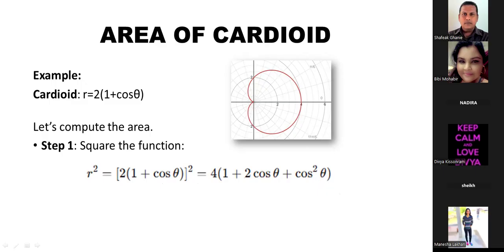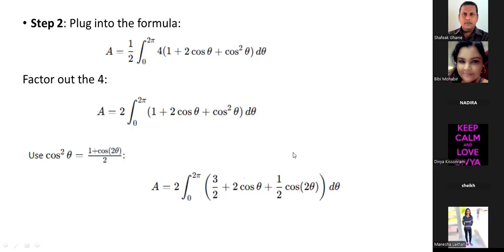The formula to find area in polar coordinates is: the area is equal to half the integral of r squared from 0 to 2 pi with respect to theta.